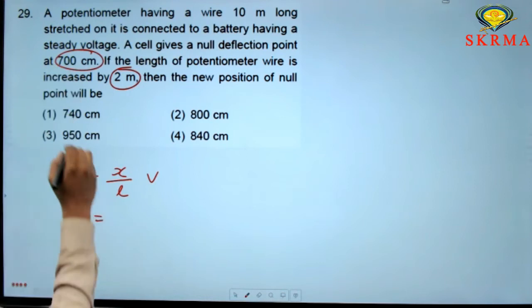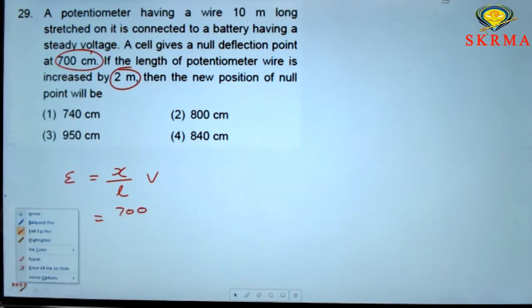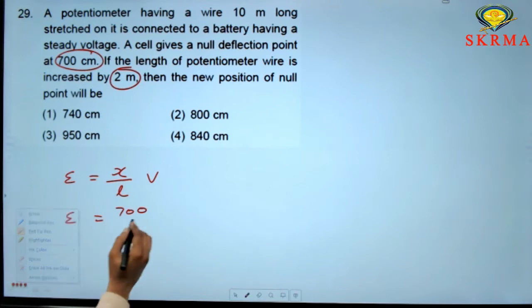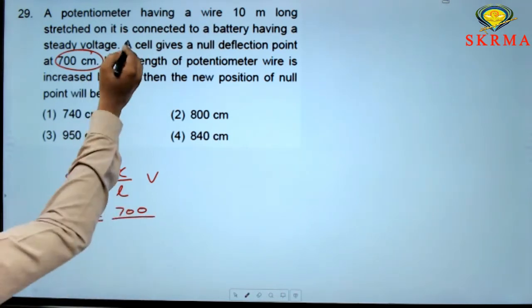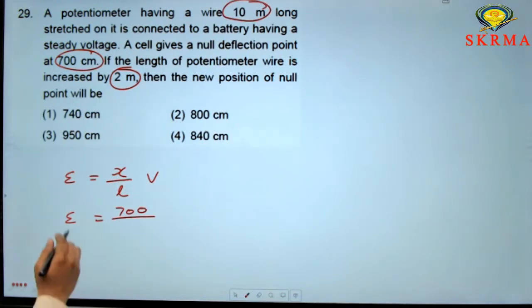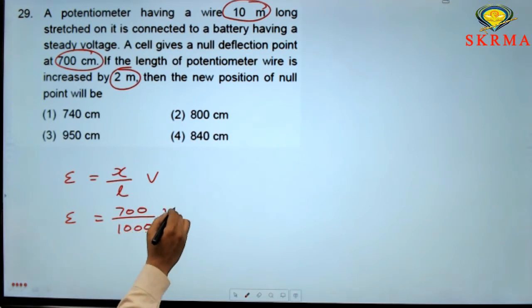So in the first case, balancing length is 700 centimeter. Now total length is 10 meter. Can you write this in terms of centimeter? 10 into 100, that means 1000 into V.